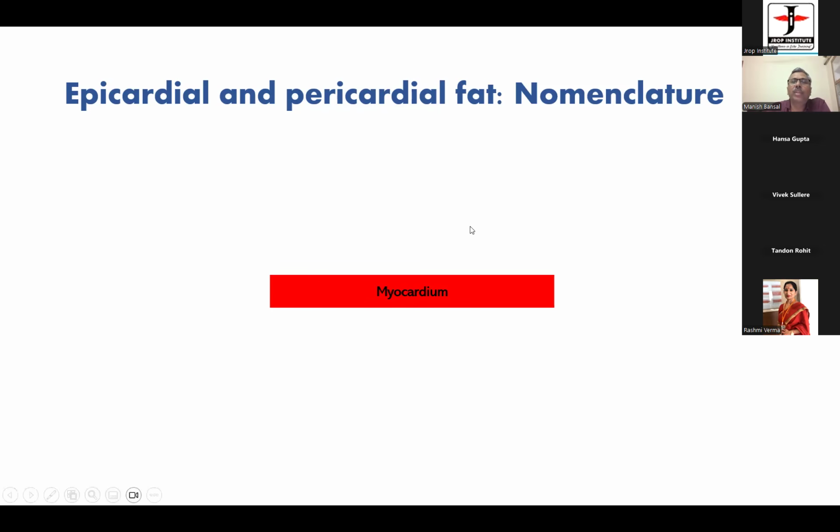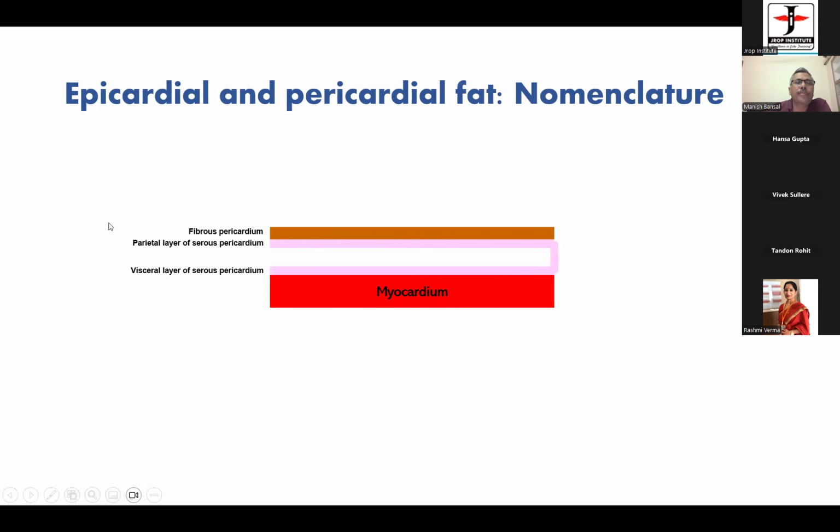Here we have myocardium. Outside the myocardium, we know there is pericardium. Pericardium has two layers. One is fibrous pericardium, which is a very thick layer outside the heart. Inside this is a thin serous layer.